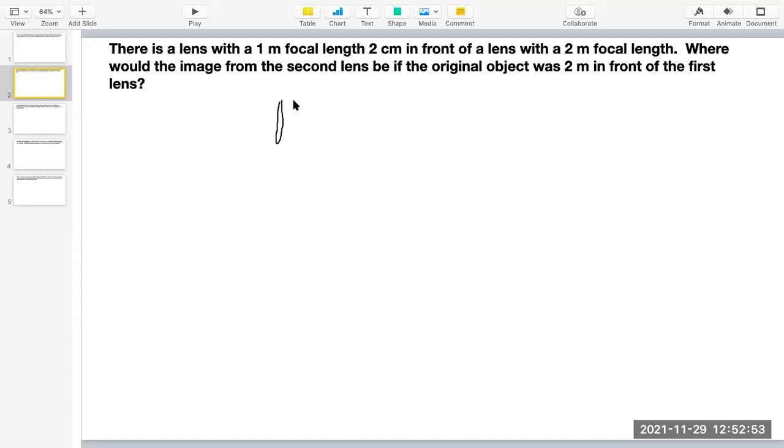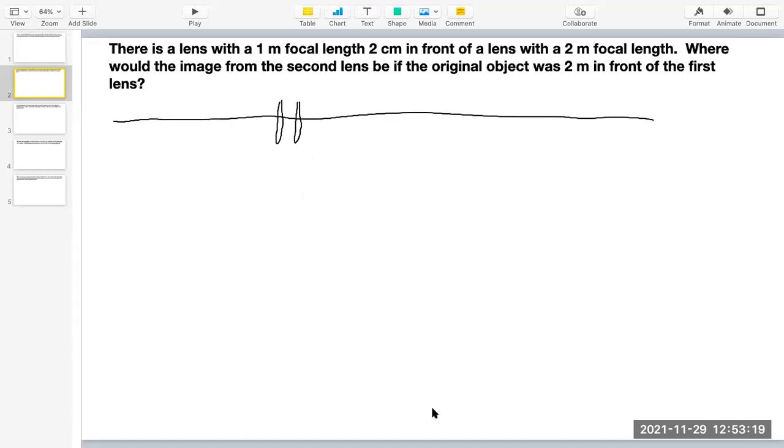There's a lens and a lens. Actually, the second lens should be flatter. I tried. So everything nicely on a line.